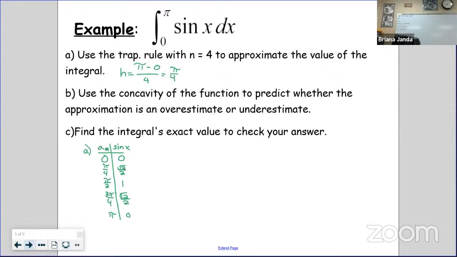And then I put that into my trap rule. That says our trapezoidal approximation is going to be our height, this is the part people forget, divided by 2. Remember, it's 1/2 times the height, right? Or our height divided by 2 is that thing we factored out from each of those trapezoids at the beginning, times our first base, which is 0, and then 2 times each of our other bases.